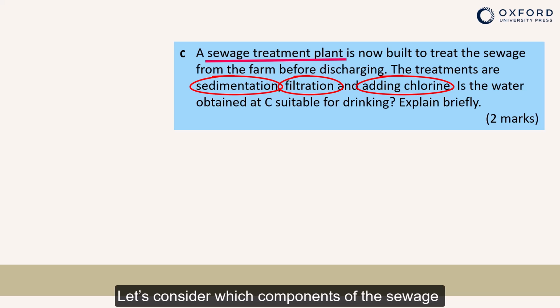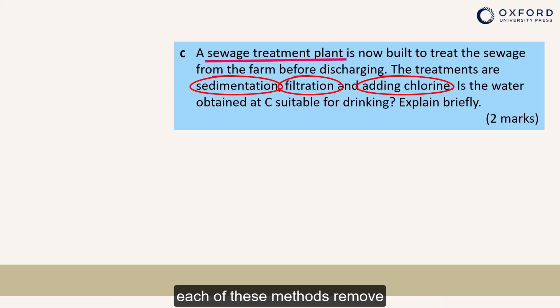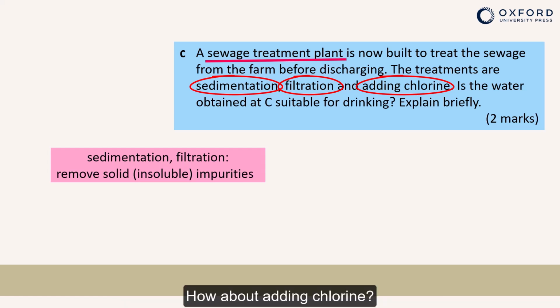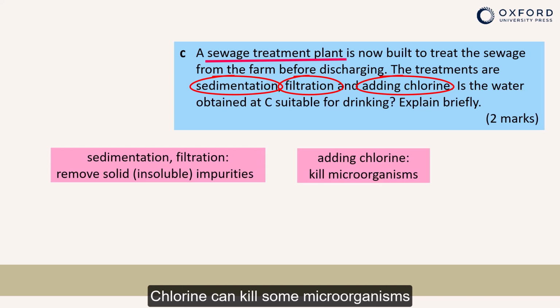Let's consider which components of the sewage each of these methods remove. If you recall what you have learnt in this unit, both sedimentation and filtration remove solid impurities. These include soil particles and leaves of crops. How about adding chlorine? Chlorine can kill some microorganisms.